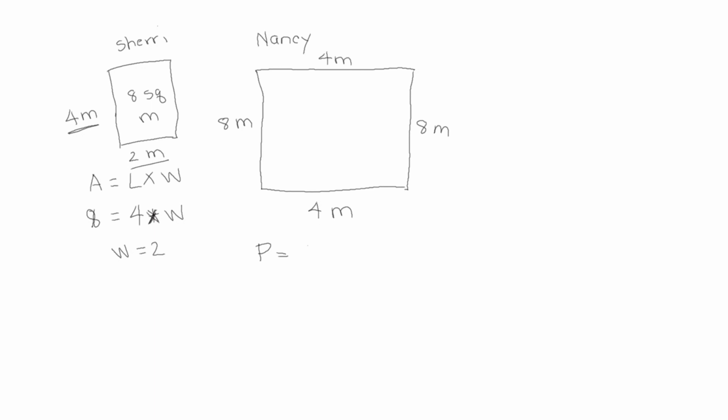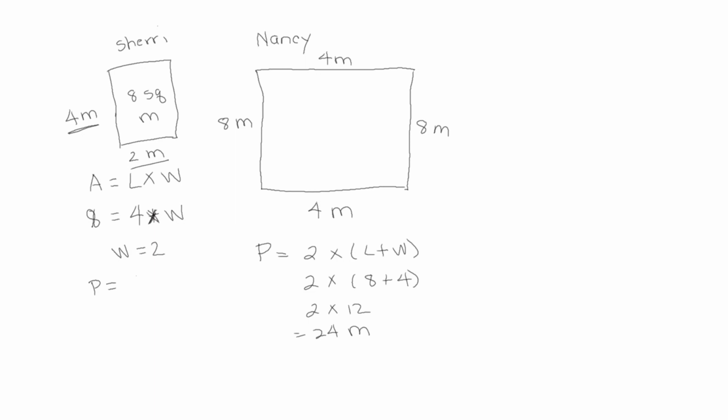So let's use a different formula. Let's do 2 times (length plus width). So 2 times (8 plus 4) is 2 times 12, which is 24 meters. That's the perimeter of Nancy's garden. Let's find the perimeter of Sherry's garden.